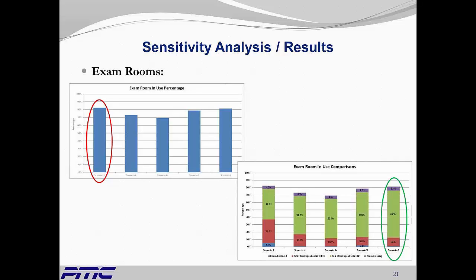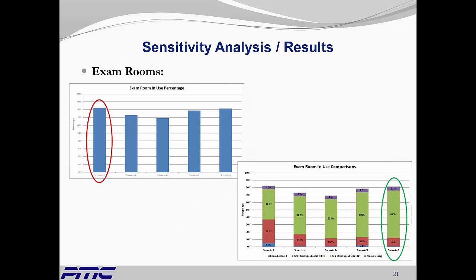The green one is the time spent with the doctor, and the last one is room cleaning after the patient is done. So when we look at this higher resolution, then what we find out is actually scenario number 6 is the best bet because it gives us the most billable time for the physician.